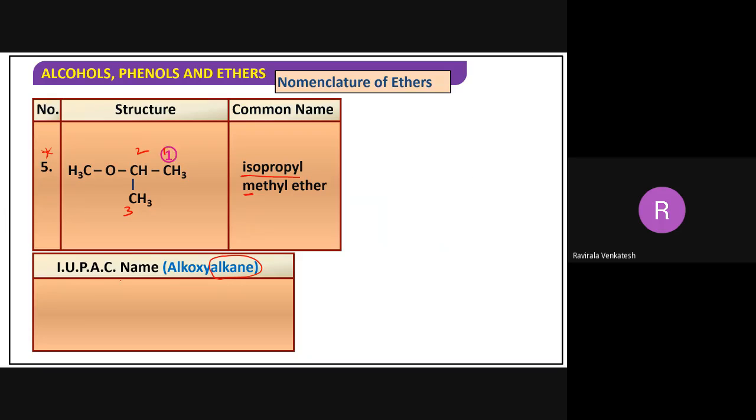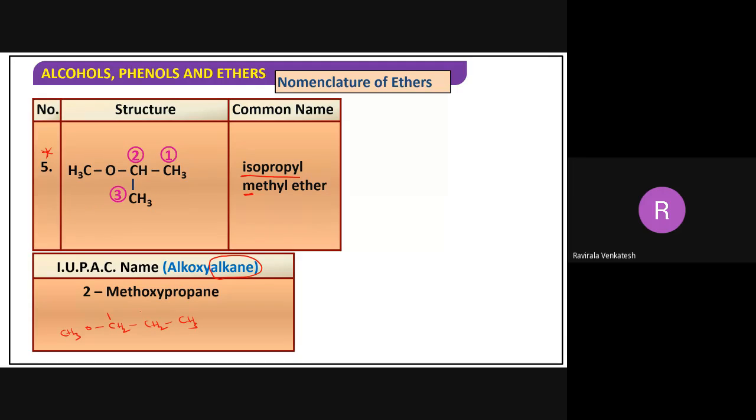But here we are giving a number. You observe, on which carbon is the methoxy group there? 2-methoxy. Isn't it? Now what is 1-methoxypropane? CH3CH2CH2OCH3.